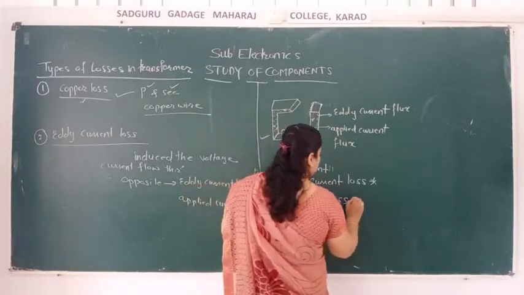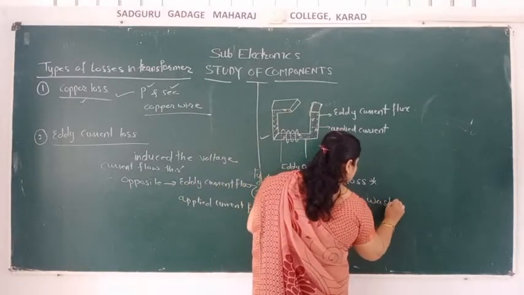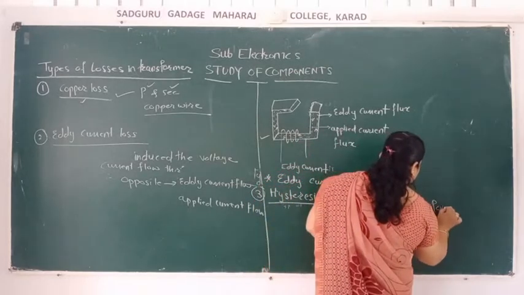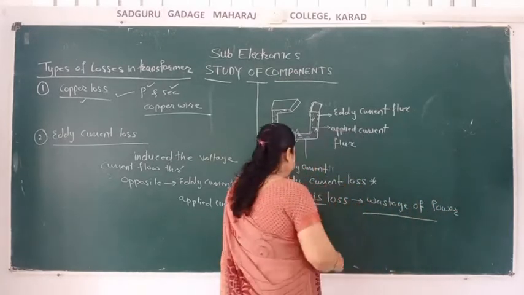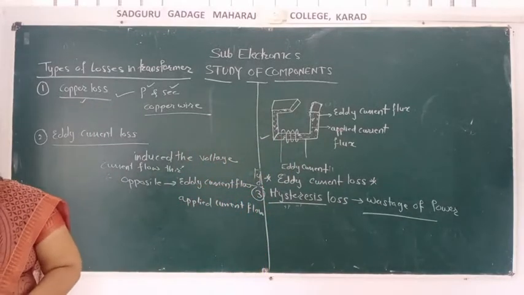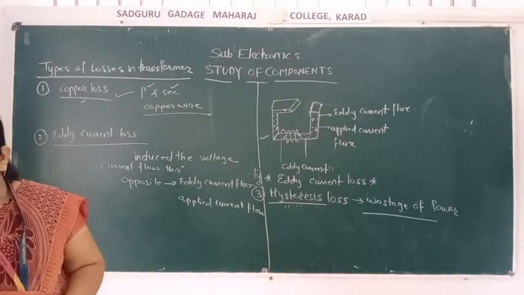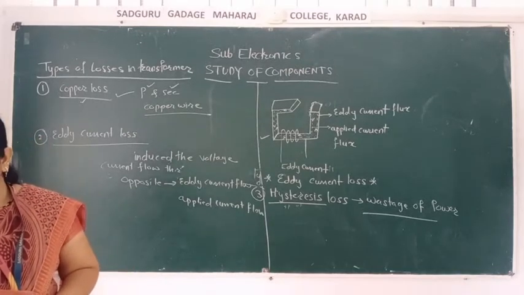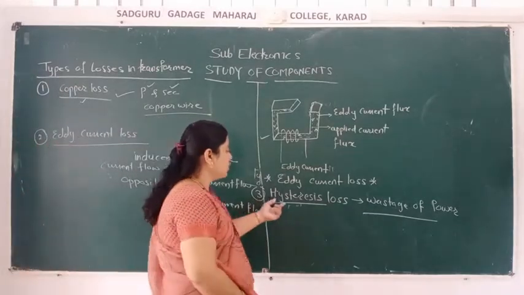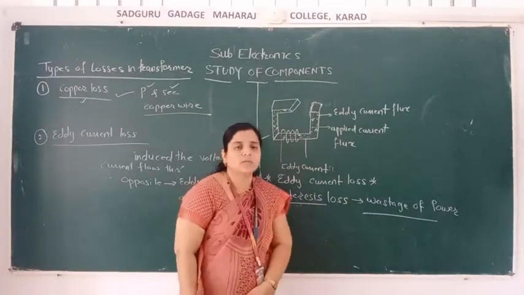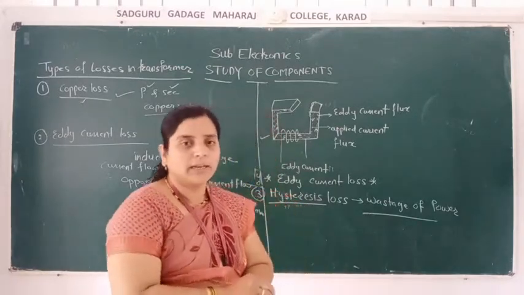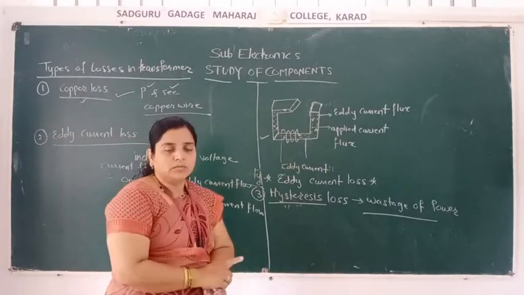Hysteresis loss results from the additional power needed to reverse. What happens here in the hysteresis loss? This loss is because of the wastage of the power. If power is wasted, then that loss is called the hysteresis loss.